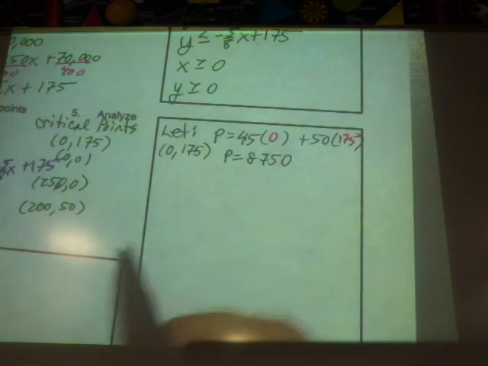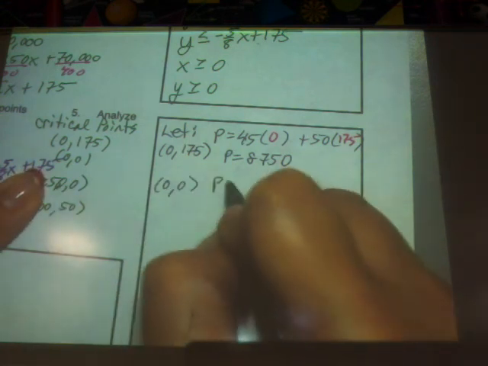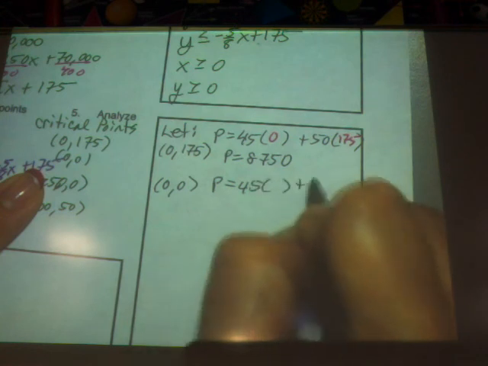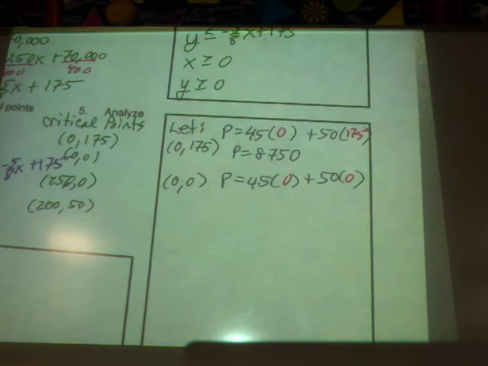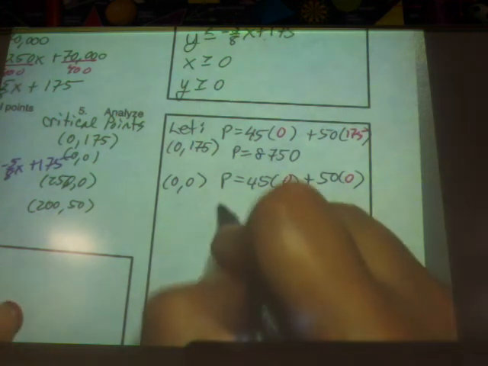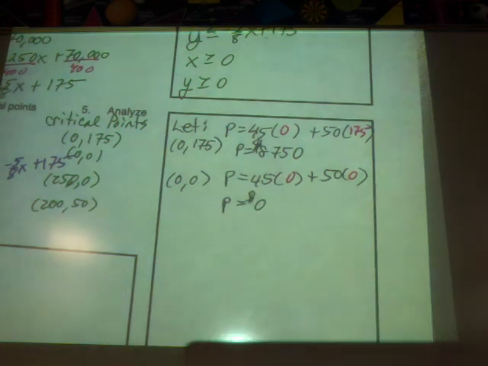Then you're going to let the next one happen. 0, 0. Profit is equal to 45 times 0 and 50 times 0. If you don't buy or sell any products, what's your profit? 0. So far I have $8,750 versus 0. Oh, I don't like 0.